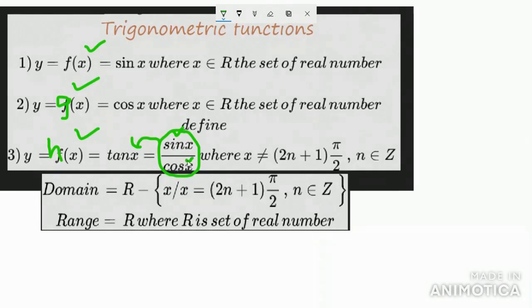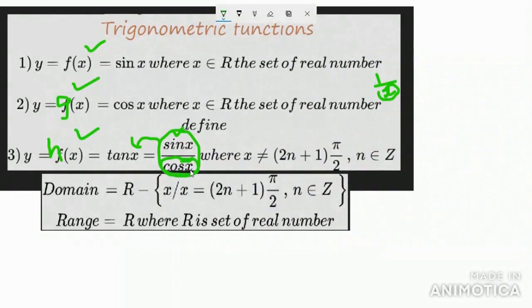Now, while defining it as a function, as already explained earlier, 1 by x is defined when x is not equal to 0. Similarly, sin x by cos x is defined when cos x is not equal to 0. You already know the values of x for which cos x is 0.